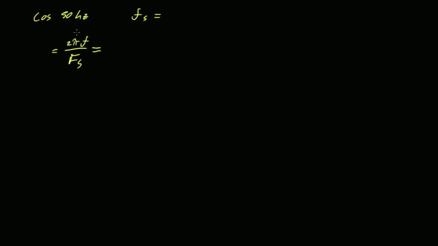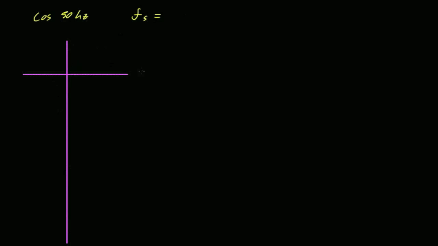We just tried 250 hertz, and we got 0.4 pi. Now let's take that same 50 hertz cosine and sample it at a much lower sampling frequency, 125 hertz. Am I making more samples or fewer samples? Fewer, thank you. I was giving myself 250 samples a second. Now I'm taking 125 samples per second.